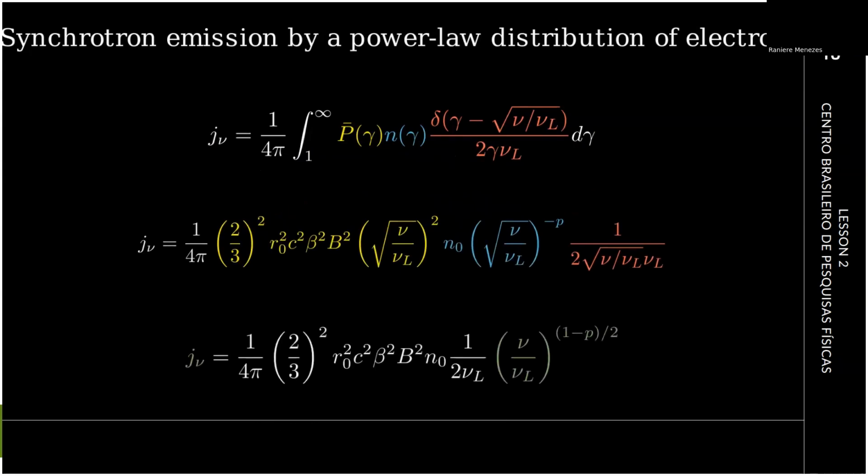After opening them, at the end we have that the emitted power from this population will go as a power law. And this is what we call the cutoff frequency, the Larmor frequency.